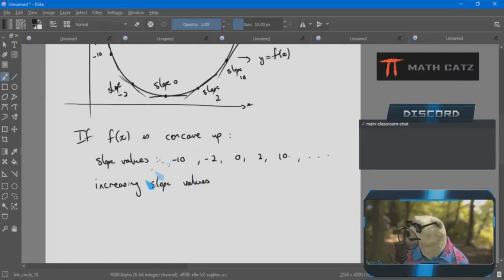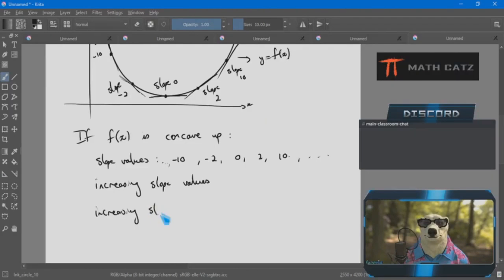So if I look at the function that gives me these slope values, the function is going to give me a -10 and a -2 as I move from left to right. It's going to be an increasing function. Let me say slope function.